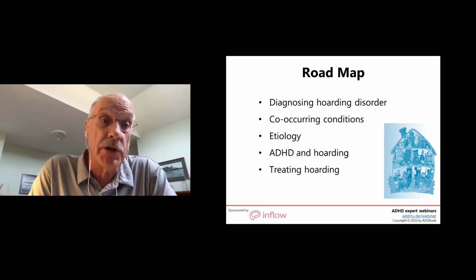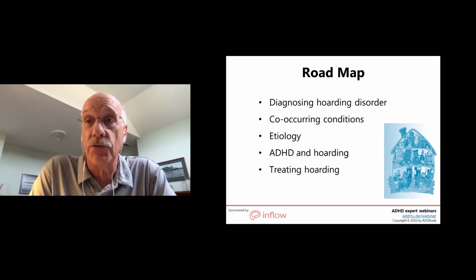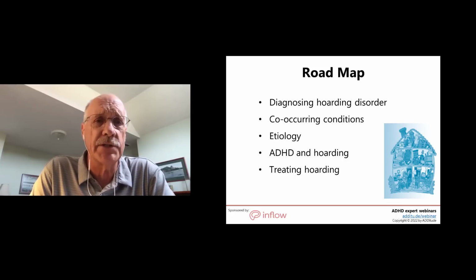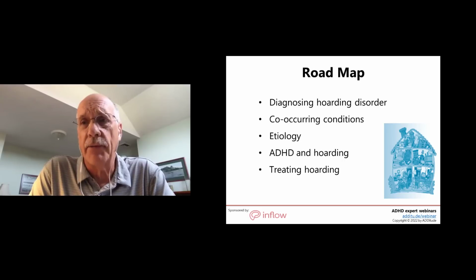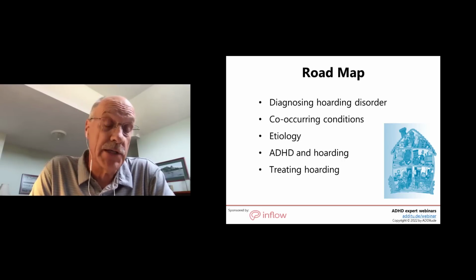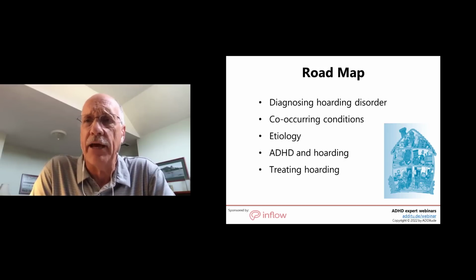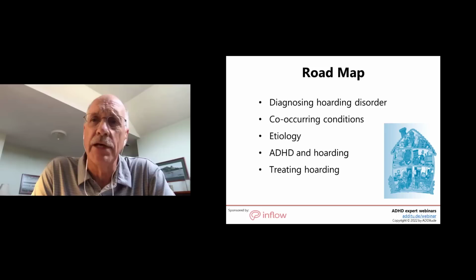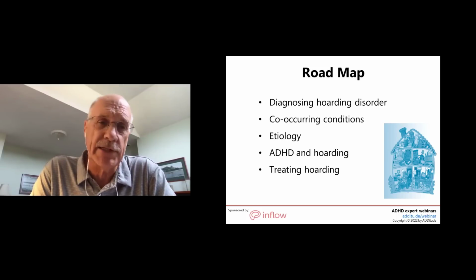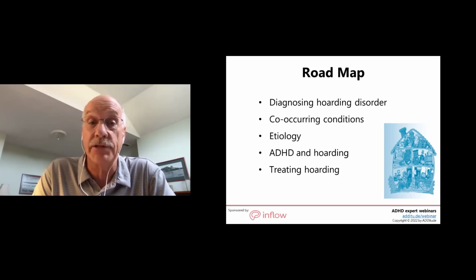We're going to first talk about diagnosing the disorder and some of the phenomenological features of it, because those are important to understand. We'll spend quite a bit of time on that. We'll talk about co-occurring conditions. We'll talk about etiology, or our best sense of how we can think about causal relationships with respect to different characteristics and behavioral features that lead to this problem.